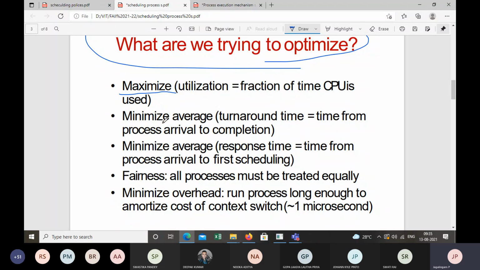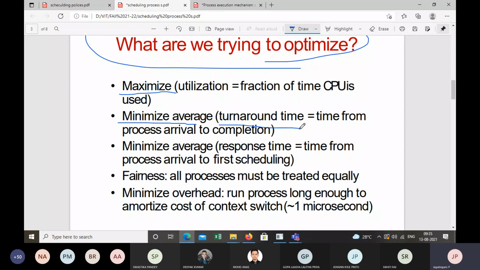The second goal is to minimize the average turnaround time. What do you mean by turnaround time? The complete time, from starting to completion. Good.